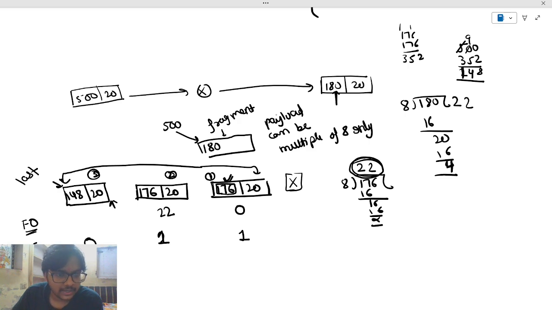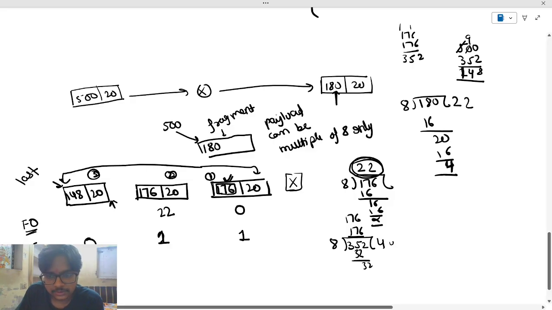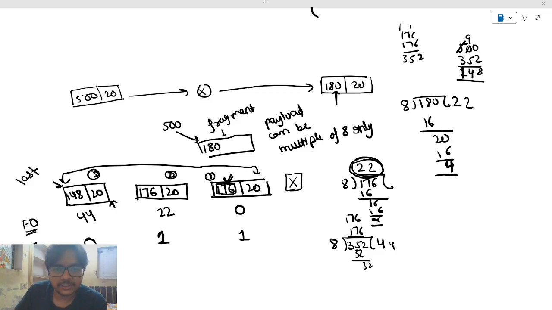And for the third fragment, 176 for the second and 176 for the first, so this is 352. Now how will we write it in fragment offset? Divide by 8, so 352 divided by 8 is 44. So the fragment offset will be 44. Now these three packets go one by one: first fragment, then second, and then third.